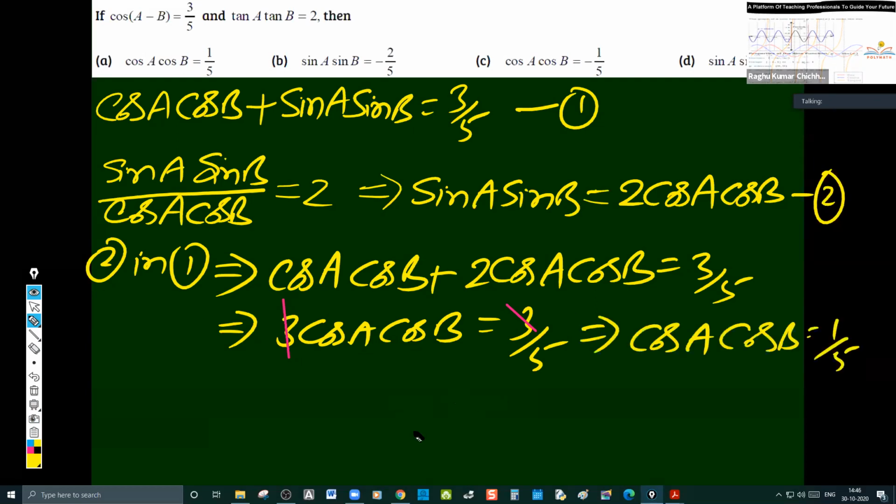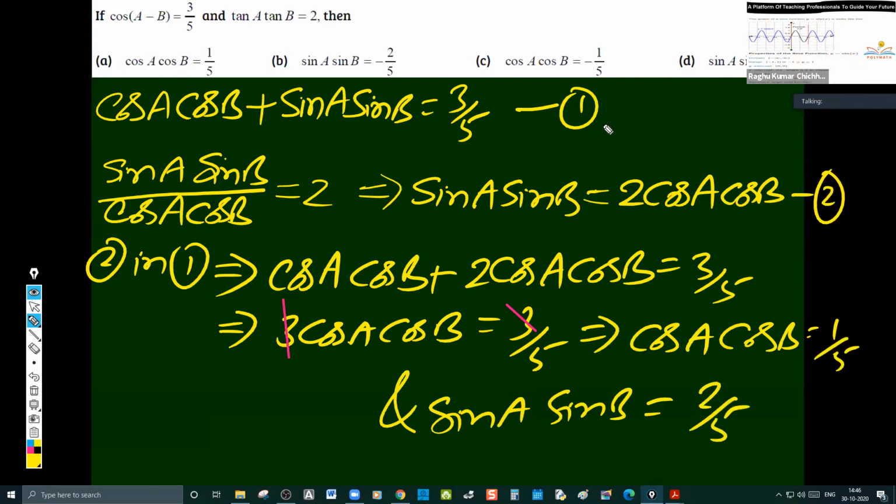And you can even write sin A sin B also from this one. It is 2 cos A cos B, 2 by 5. So this is given to be minus 2 by 5. If it is plus, you will have more than one correct answer. Generally, more than one correct answer is possible in IIT JEE Advanced examinations. But here it is a single correct answer.